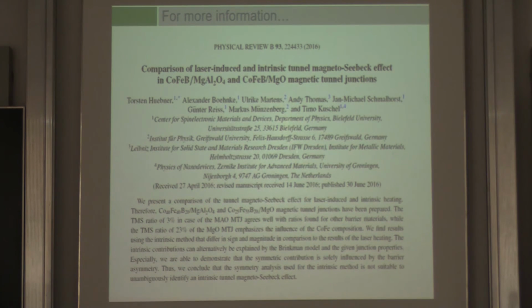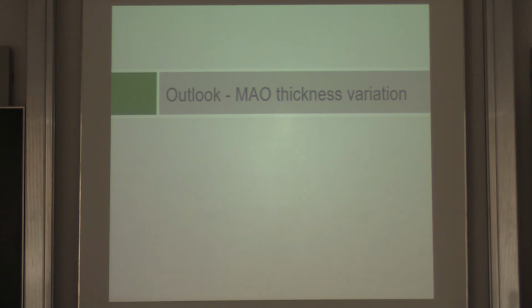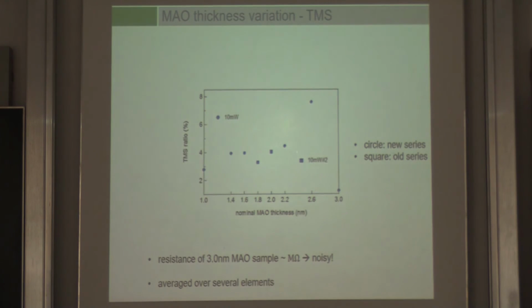And so the new idea that we want to do now is to do some thickness variation of our barrier. The first results came in a few weeks ago, and they look like this. We have measured that for several heating powers, and you can see a clear maximum at around 2.6 nanometers of barrier thickness. It's still a bit unclear why we get a maximum at this value.